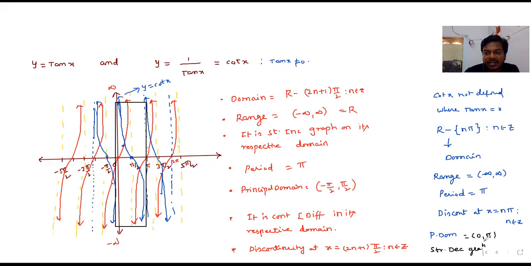And it is strictly increasing here. The tan graph is strictly increasing, the cot graph is strictly decreasing. This is about the graphs of tan x and cot x. In the next session, we will discuss the graphs of inverse trigonometric functions.